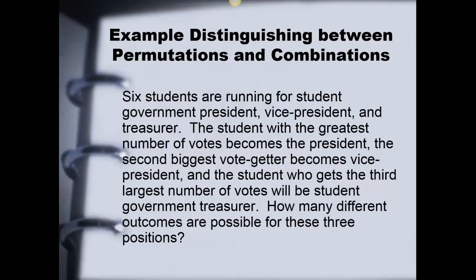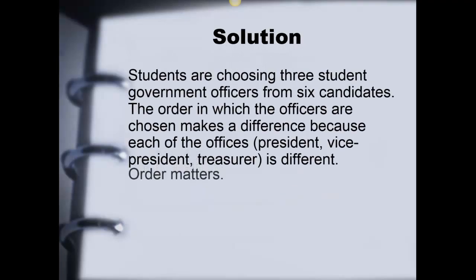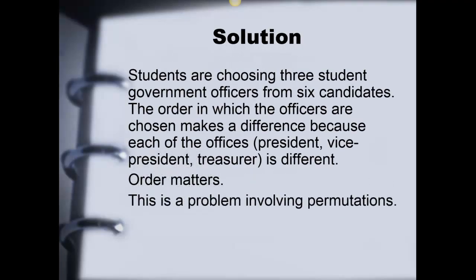This type of situation where order matters is about permutations. It says students are choosing 3 student government officers from 6 candidates. The order in which the officers are chosen makes a difference because each of the offices, president, vice president, treasurer, is different. So order does matter. So this is what we would call a permutation problem.